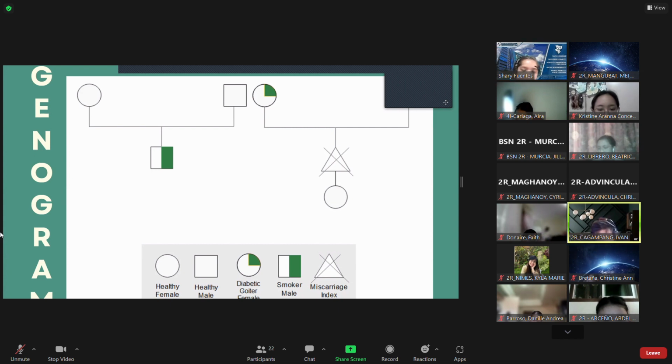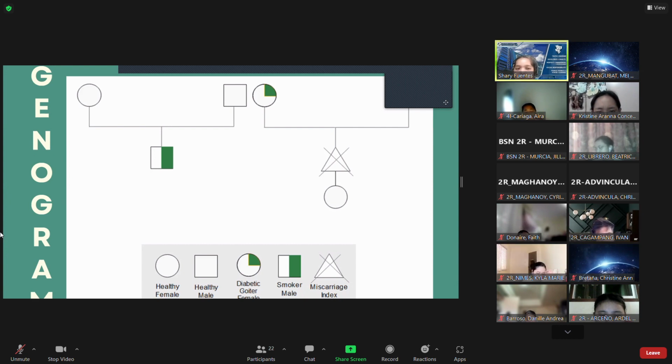Wala may info about sa grandparents both side nila, ma'am, about sa ilang history sa illnesses. Nag-ano lang mi sa parents lang. Dapat meron kayo noon kasi genogram yan eh. SOP siya pero third generation.